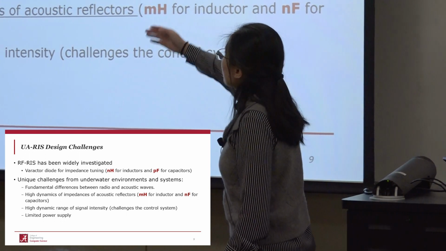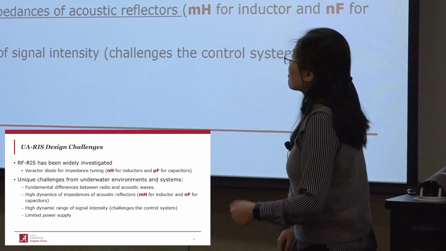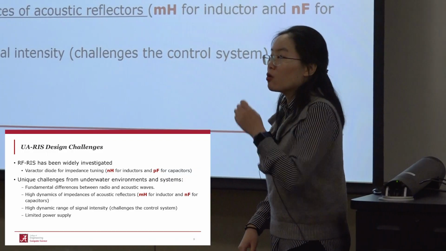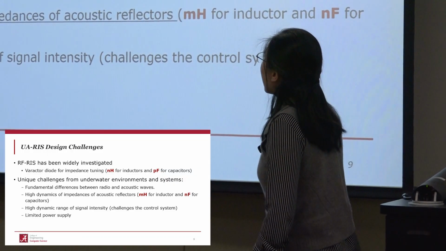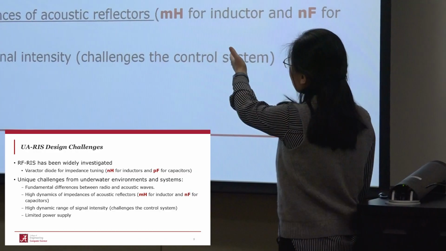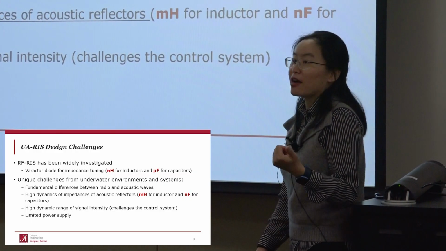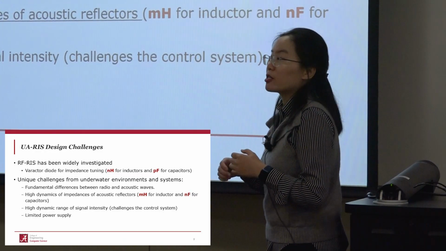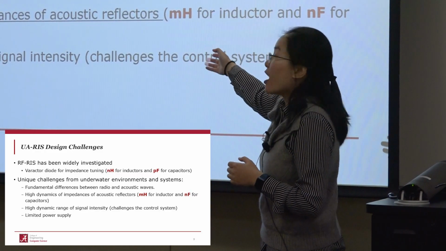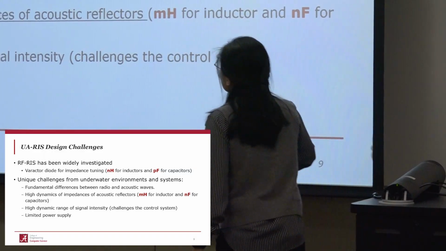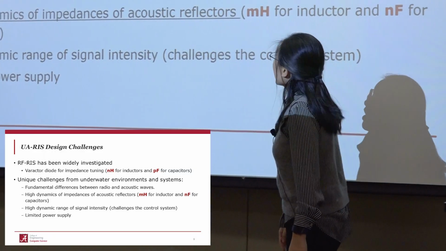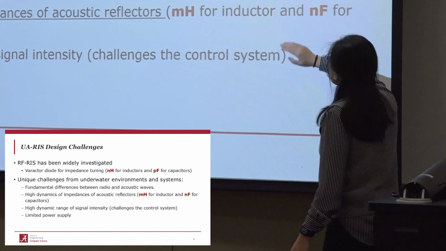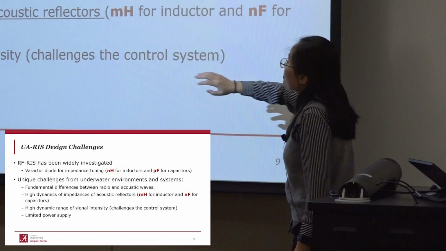In the radio RIS, it uses a varactor diode for impedance tuning. With this, it can achieve nanohenries for inductors and picofarads for capacitors, which is sufficient for the radio RIS. However, for underwater acoustic reflectors, it requires millihenries for inductors and nanofarads for capacitors.